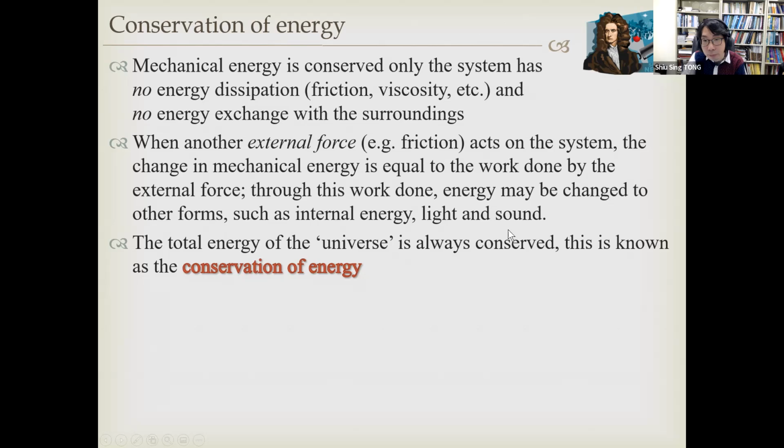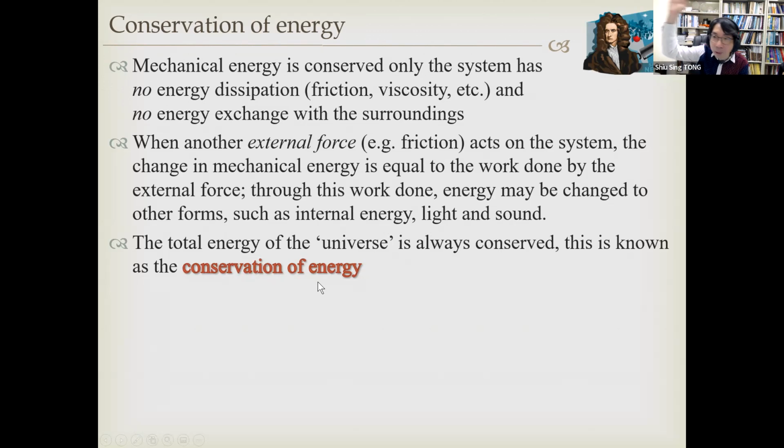Okay. But if you also include these different kinds of energy, you will find that the total energy of the whole world, of the whole universe, is always conserved. And this general principle is known as the conservation of energy. Now, the conservation of energy does not depend on what energy you include.